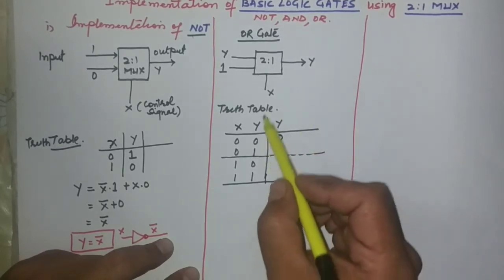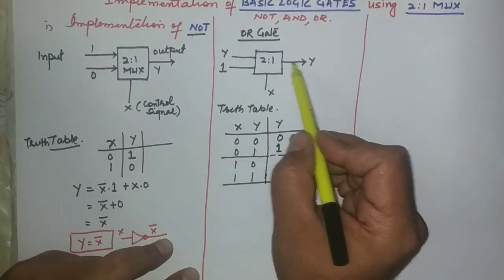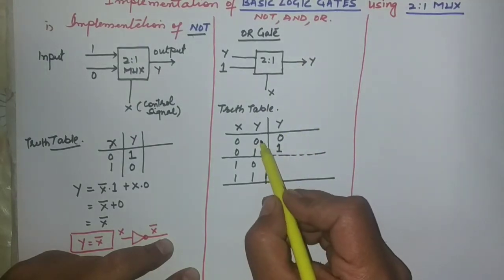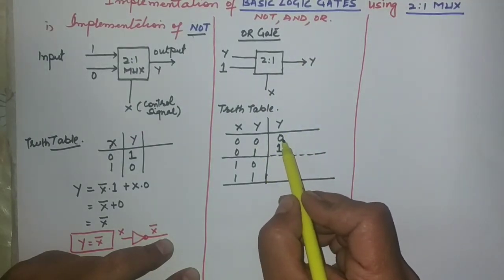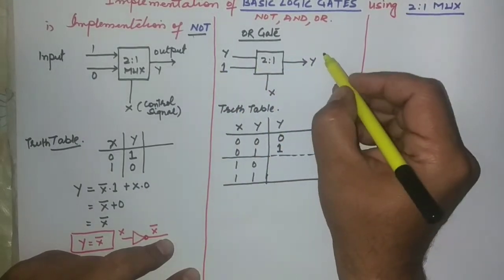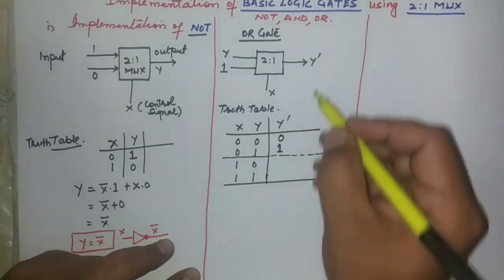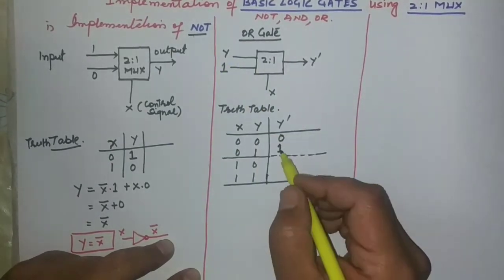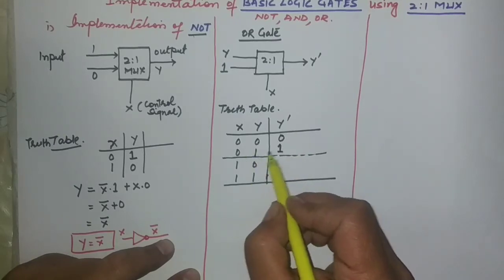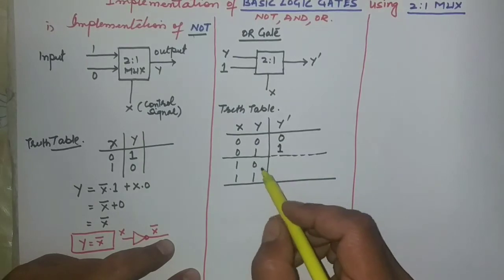Simple. Because when X is equal to 0, this input will be directed as output. So the value of Y can be 0 or 1. If 0, then it will be directed as output. Here, because this is Y, say for example we are taking this as Y dash output, otherwise these two things are same. If it is 1, then that value will be selected.